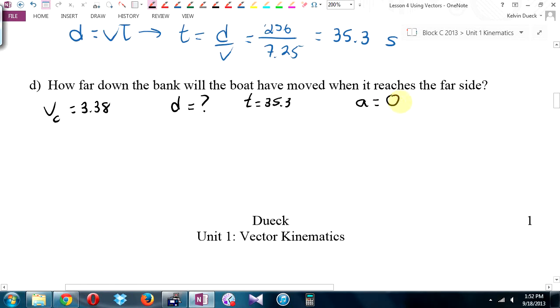And Ashley, what did we say the acceleration was? I'm looking for an equation that has v, d, and t. You know what? I think it's going to be exactly the same as the one above, only this time we don't need to get the t by itself because the d is already by itself. This is going to be straight plug and chug. It's going to be 3.38 times 35.3.